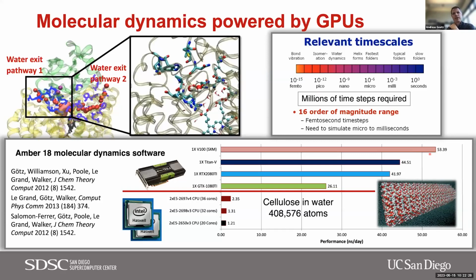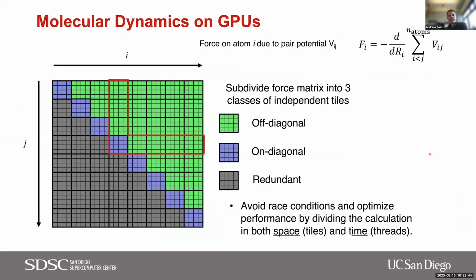So on a single GPU, you can basically get 20 to 25 times as much science done as on a single CPU node, and that's why people have been using more and more GPUs for molecular dynamics simulations. And when you program these things, you have to be careful about how you implement this, right? So you'll learn a little bit about how to use SYCL for targeting GPUs, or multi-core and many-core hardware in general.